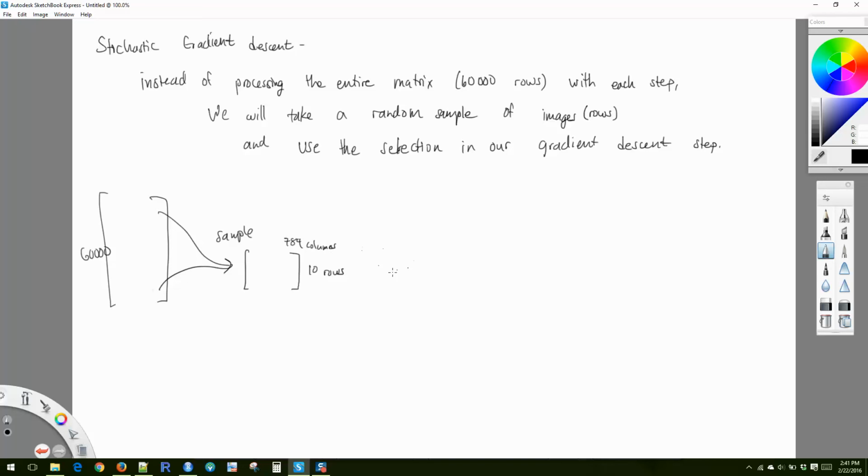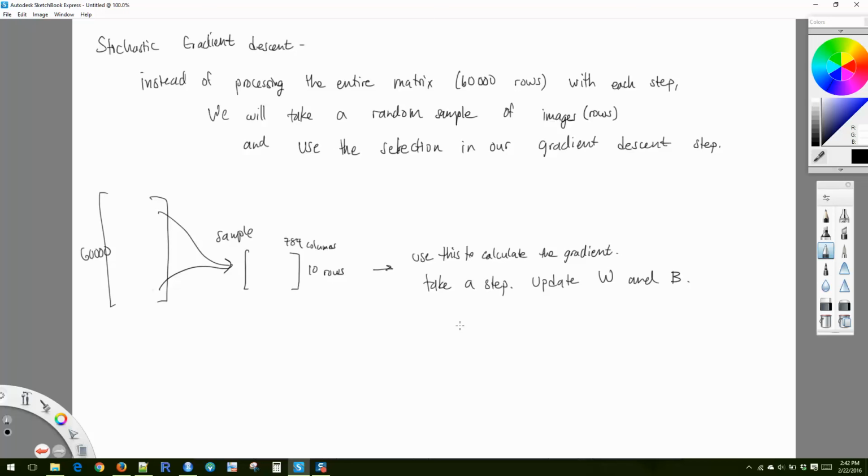Use this to calculate the gradient, and then you take a step and update the weights, update W and B. Then you go back and select another 10 rows, and do that again.